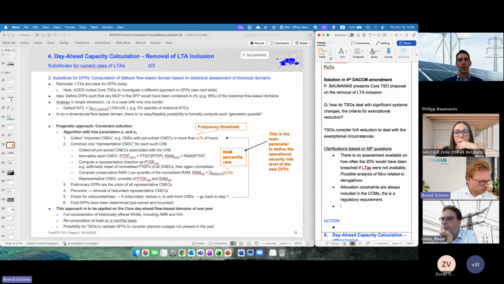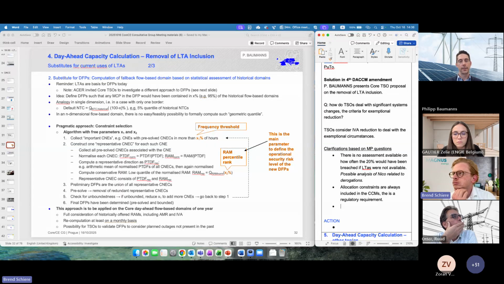As it is a significant amount of computation, our idea would be to do this on the flow-based domains for 1 year, and then publish it on a monthly basis. So that means that you would be aware of what the DFPs would be in case of DFP application in the end. But then in that way, we would really send a flow-based domain to RStack in case of DFPs.